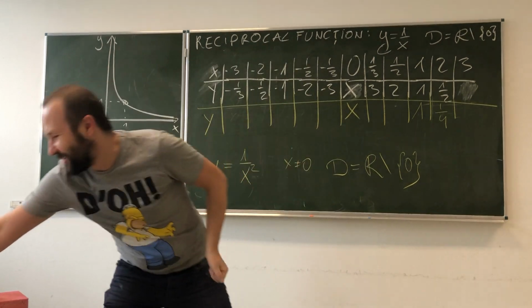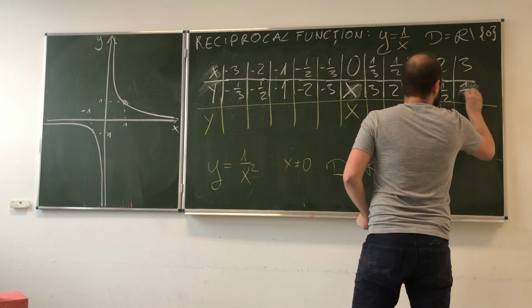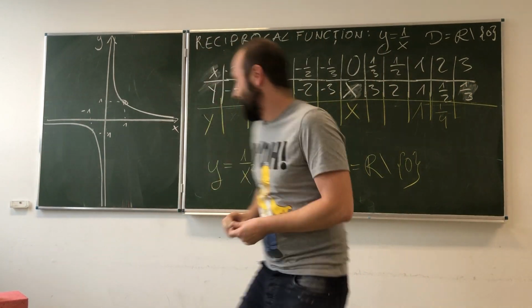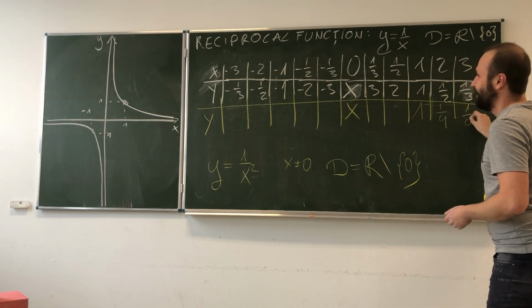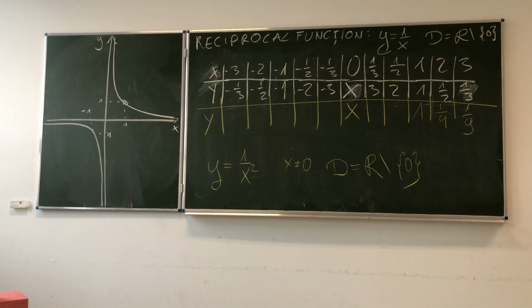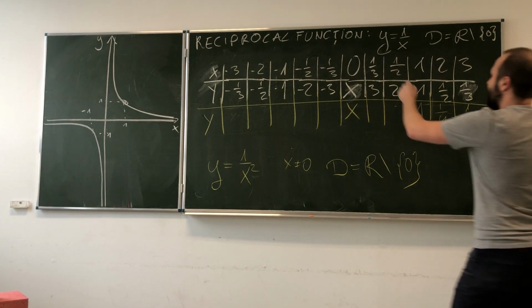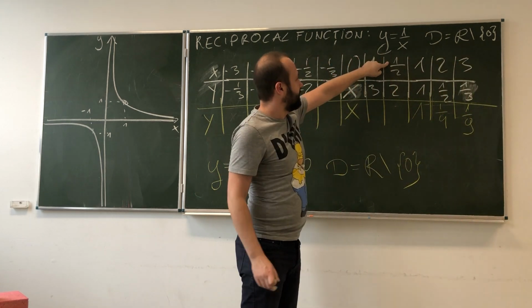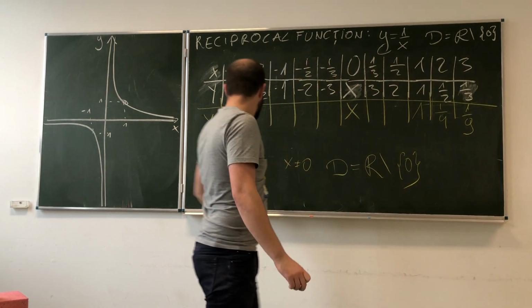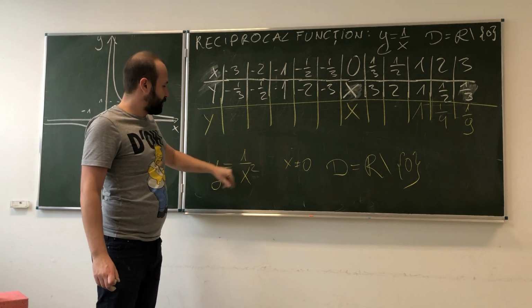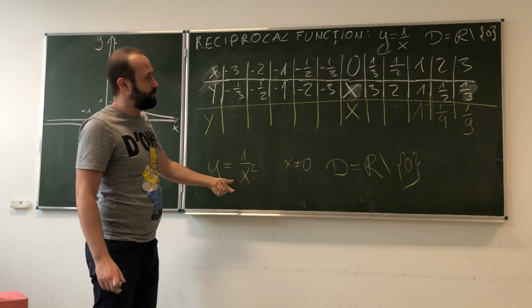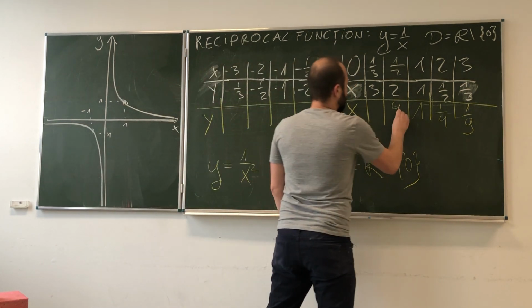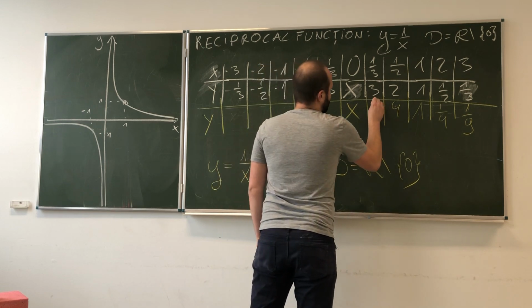If x is 3, we've got 1 over 9. Now, what about if x is 1 over 2? Well, 1 over 2 to the power of 2 is 1 over 4. When we divide by 1 over 4, we get 4. And for 1 over 3, we will get 9.